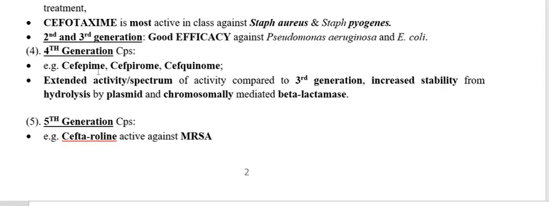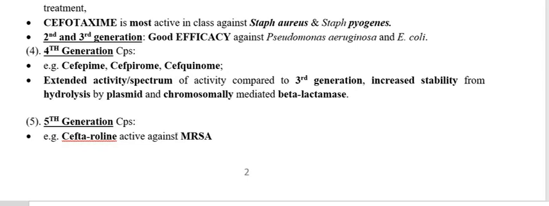Under this, the most usable drug is cefepime. Cefepime is the most usable cephalosporin in human beings, and cefpirome is also a new entry, and the next is cefquinome. So these three are the fourth generation cephalosporins, and then the fifth and the last.